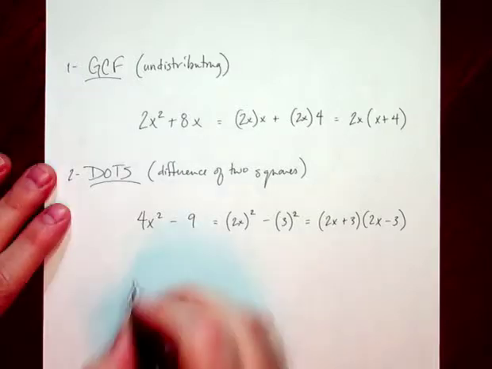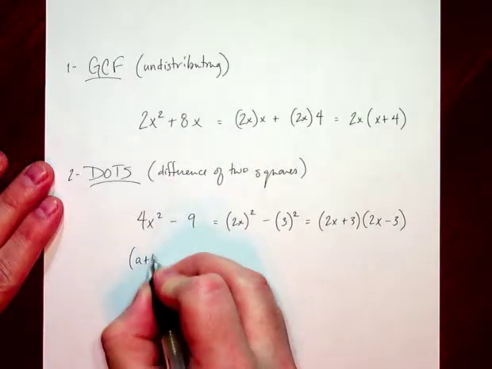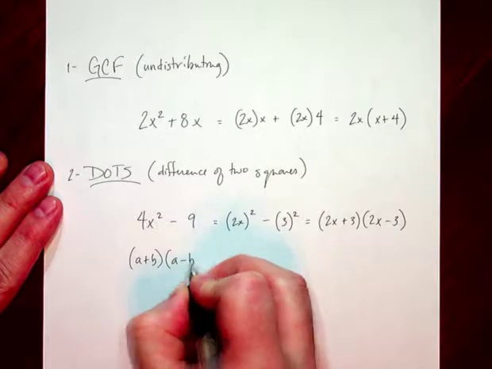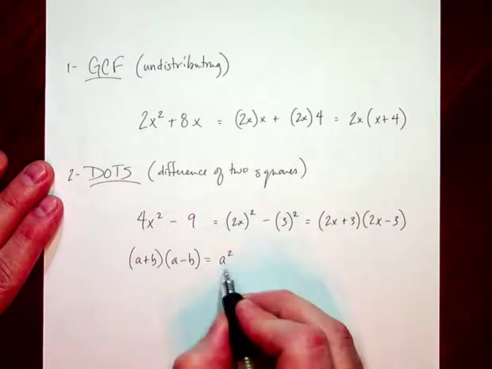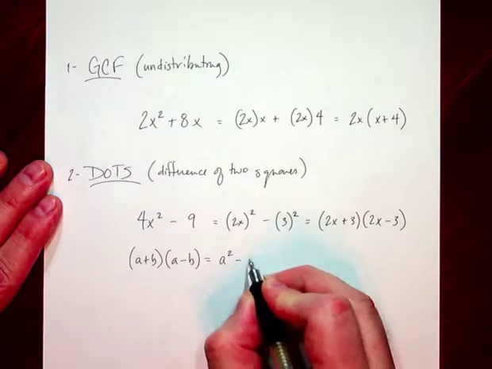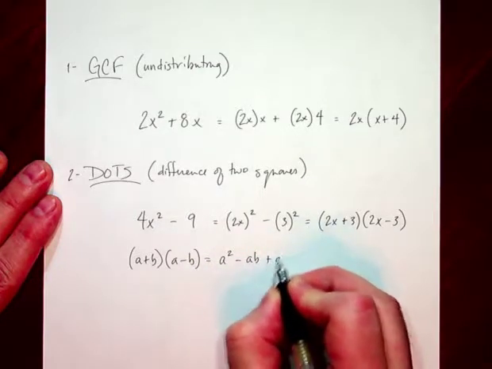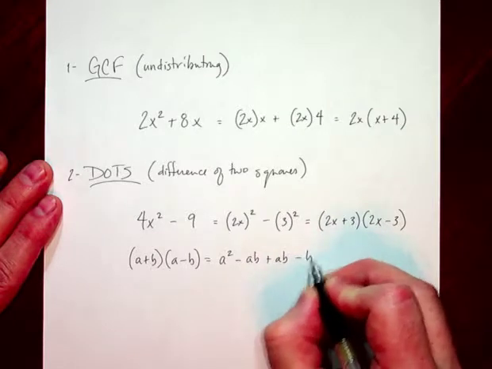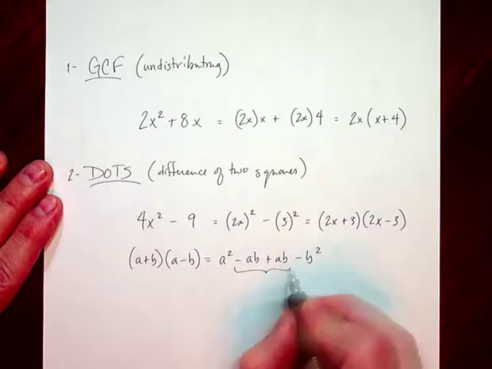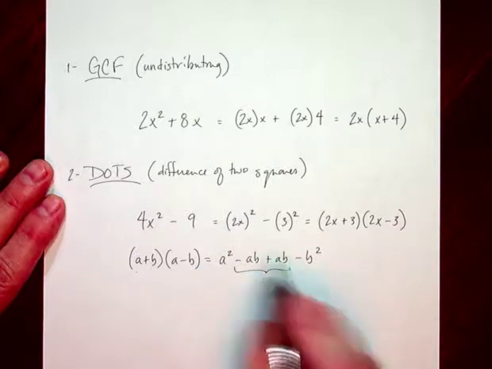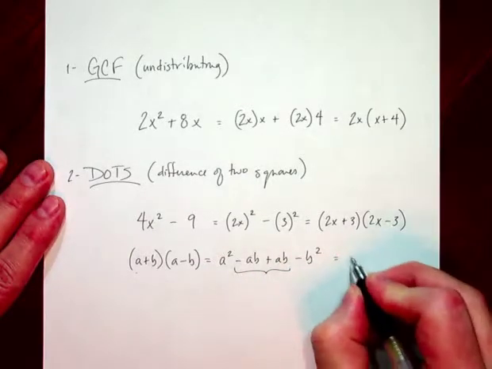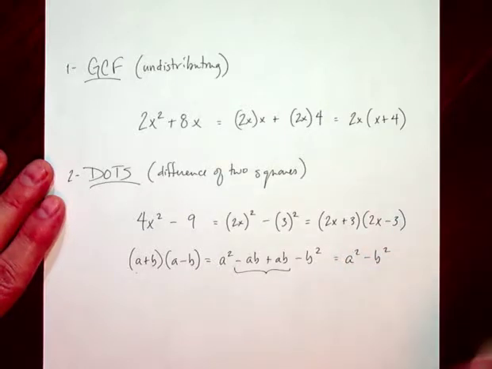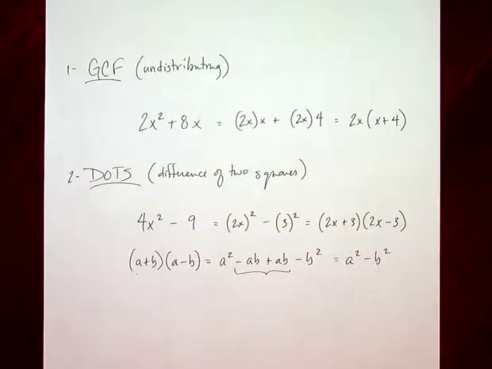They noticed that every time they multiplied (a + b) and (a - b), when you started to FOIL, you got a squared, then the outer is minus ab, the inner is plus ab, and the last is minus b squared. When it was of the form (a + b)(a - b), these middle two terms always canceled out, and if they always canceled out, then the product was always of the form of a difference of two squares.